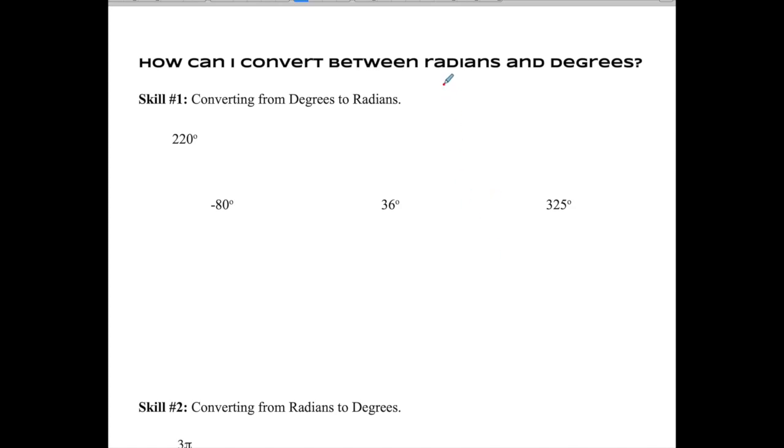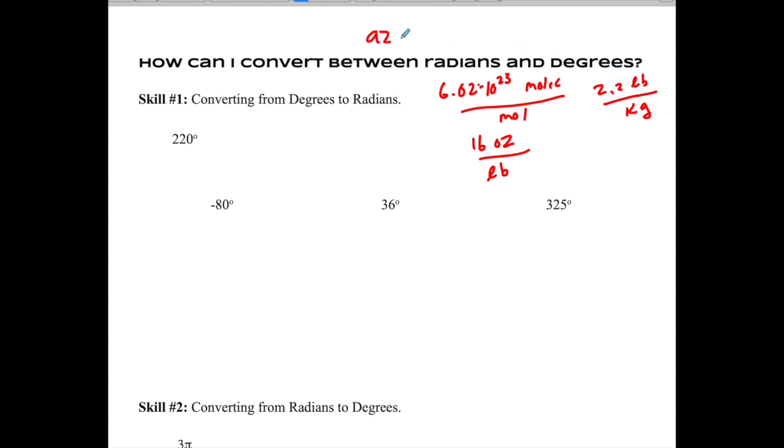Just like there are 6.02 times 10 to the 23rd molecules in a mole, just like there are 16 ounces in a pound, just like there are 2.2 pounds in a kilogram, just like there are 92 times 10 to the 6, I believe, miles in an astronomical unit, 96 million miles.